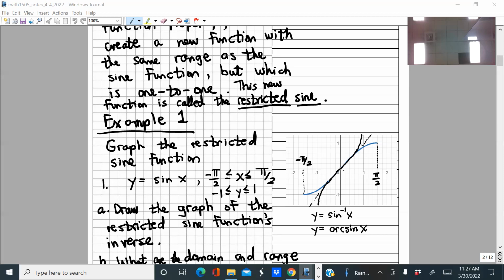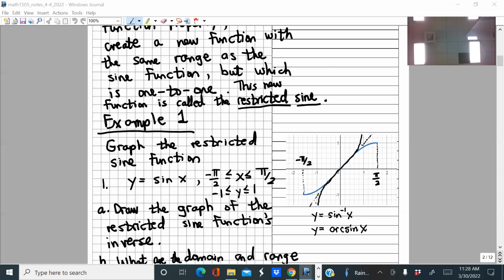Let's think about rotating the blue curve around the 45-degree line. When you do that, you get this black curve that looks kind of like this. So here's the graph of the inverse of the restricted sine function. It looks something like this.